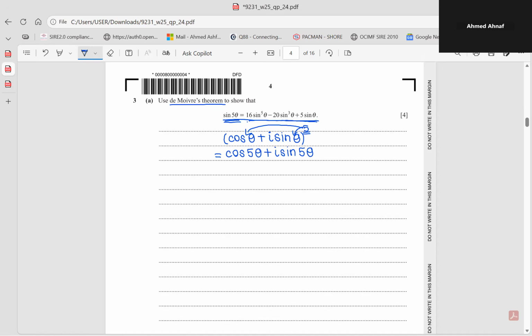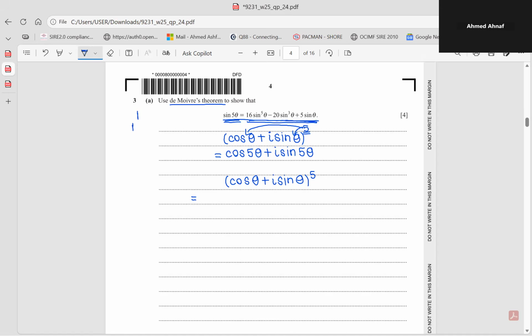Okay, so to get the right-hand side of this expression, we're going to have to manually expand it out using binomial theorem. So let's do that. To expand this using binomial expansion, you can use the formula in the MF19, but I'm just going to use Pascal's triangle.